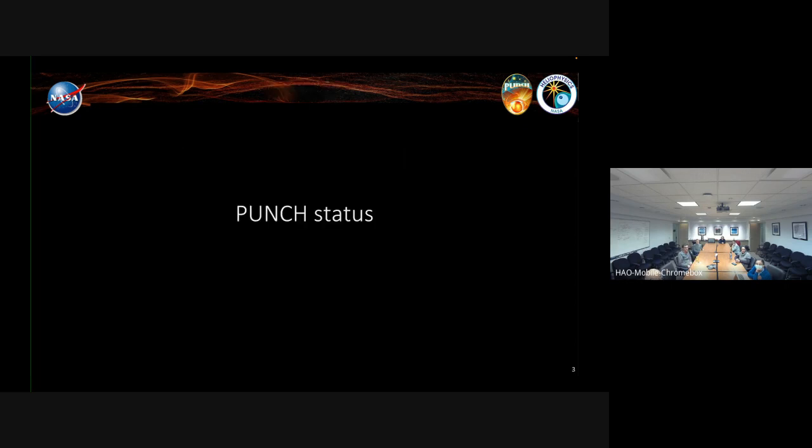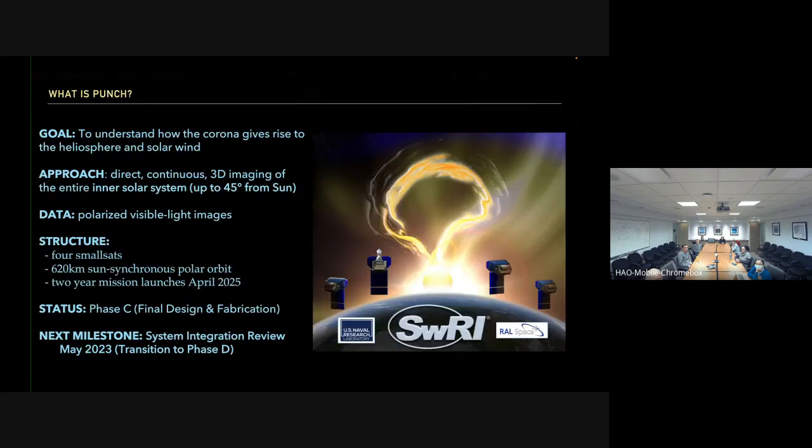So, the status. I think many of you have seen a slide like this before. We're trying to understand how the corona gives rise to the heliosphere and to the solar wind. And so we're imaging the outer portion of the corona and the inner portion of the heliosphere as seamlessly as possible to see them as a unified system.